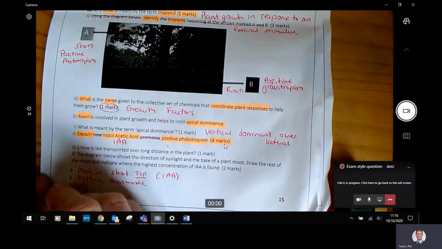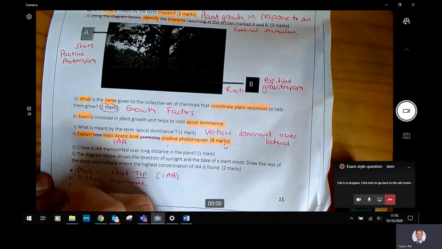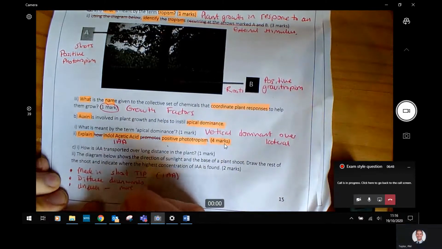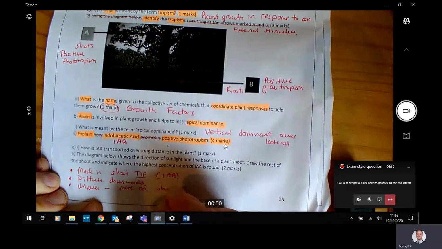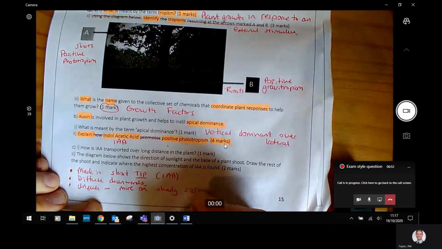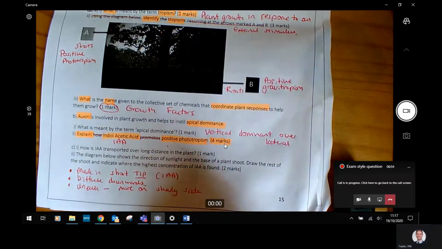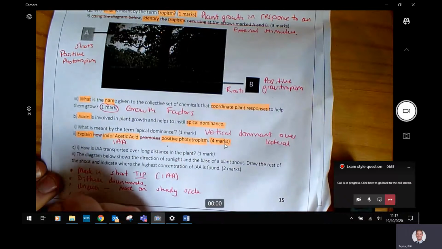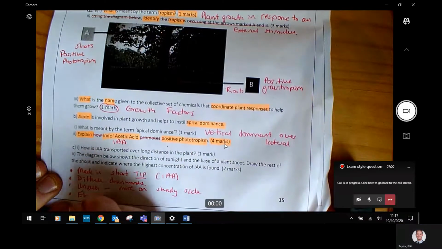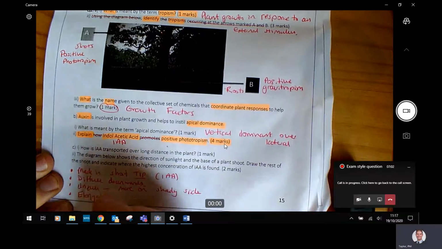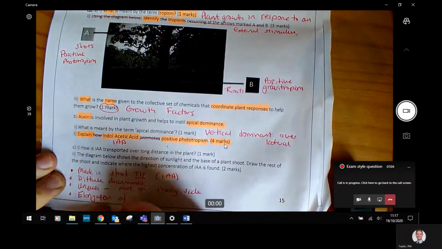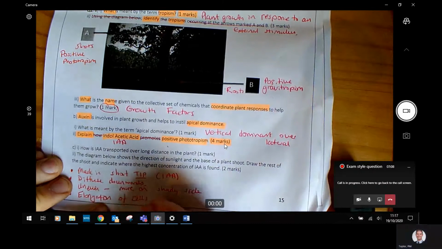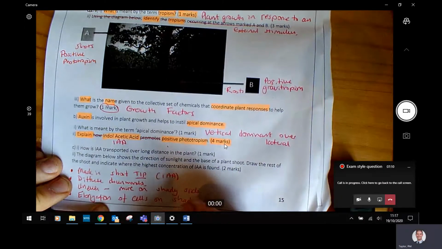What happens there is uneven, more on the shady side. Then they cause the elongation of cells on the shady side.